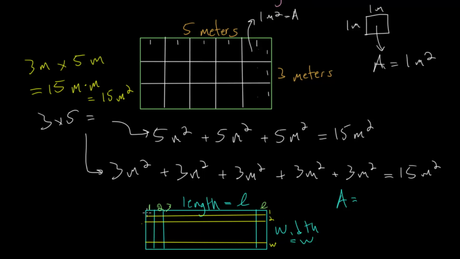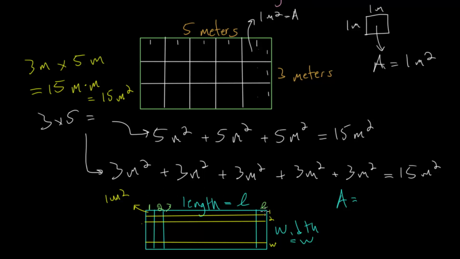So we could, in theory, add up all these boxes by just thinking it through. So think about this first row of boxes here. Where each of these boxes is 1 square unit, we would have L of them in this first row.